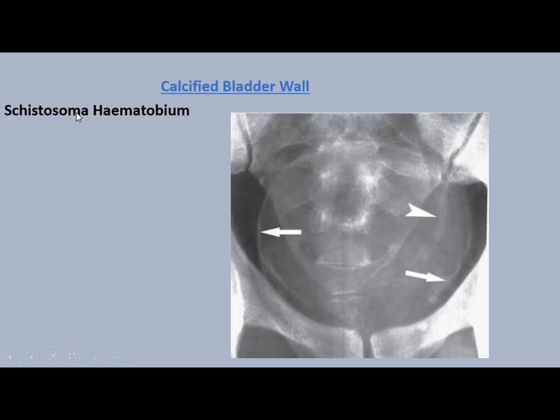The point to differentiate schistosomiasis, which is a common cause in Egypt and South Africa and even south of Iraq, called bilharziosis, from TB is that in schistosomiasis the capacity of the urinary bladder is affected later, while in TB there is early decreased capacity and rigidity of the urinary bladder.